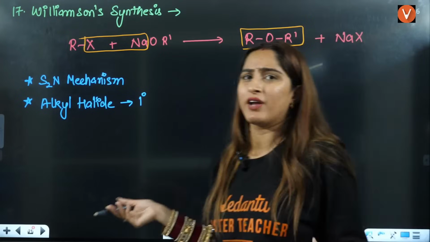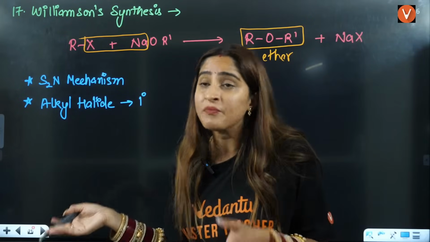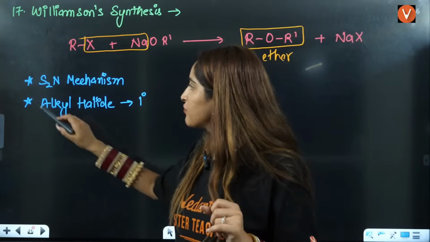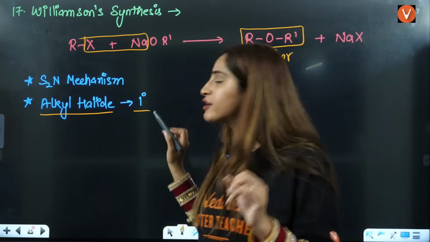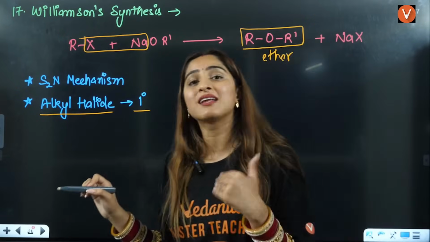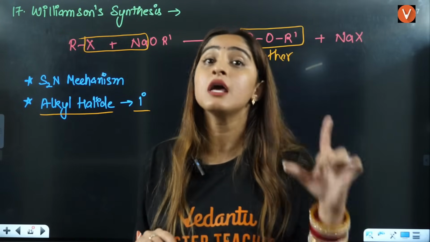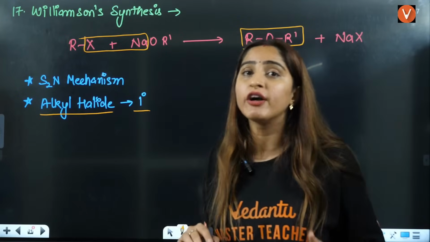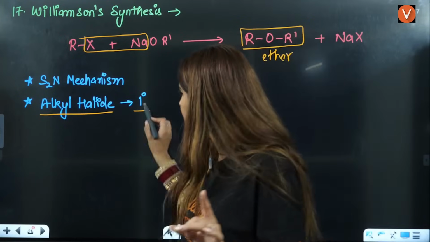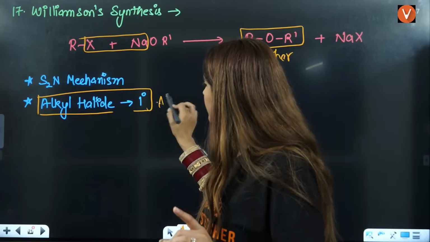But what's so difficult in this? Why do they ask questions from here? How will they ask you the question? First is that the alkyl halide should be primary here. If the alkyl halide is secondary or tertiary, then this reaction will not occur. Here the alkyl halide is preferred to be primary. That is the important thing about this reaction.